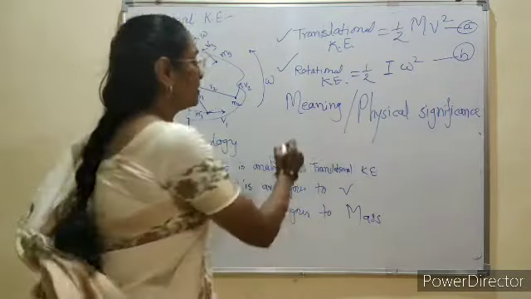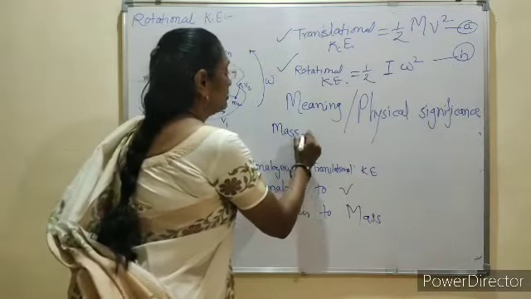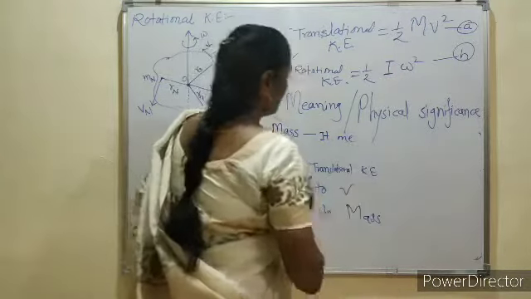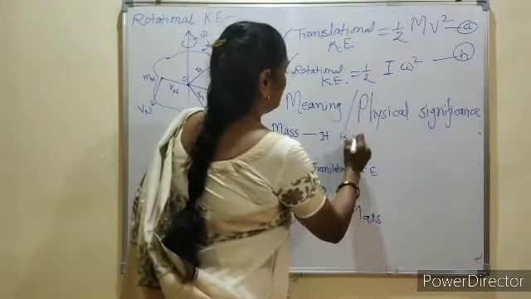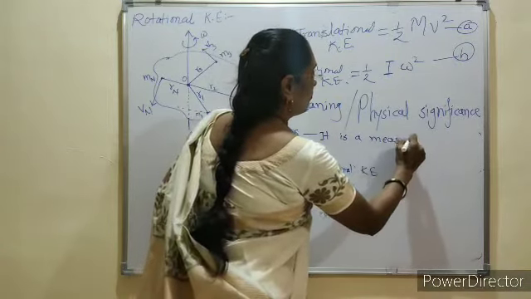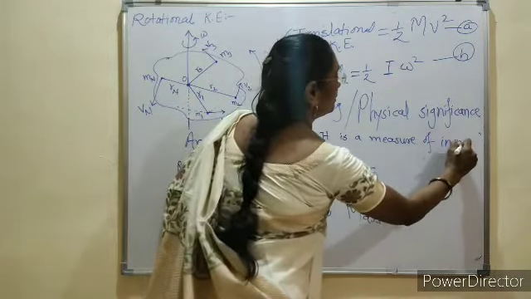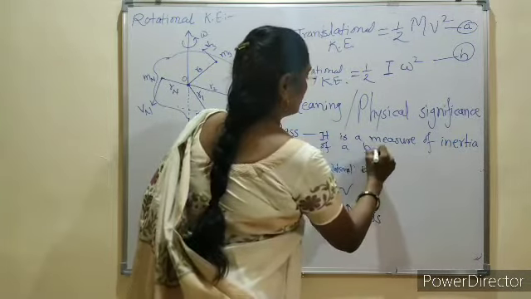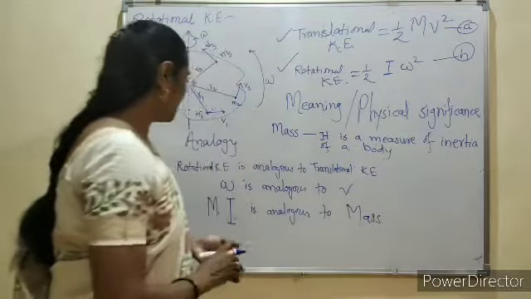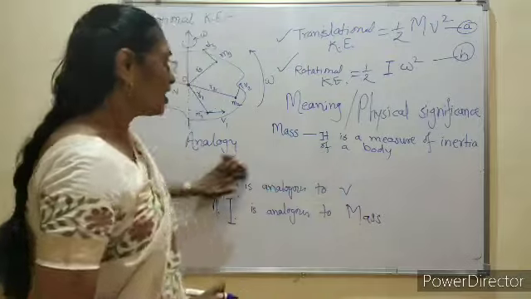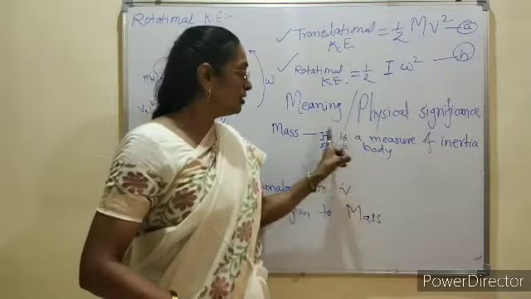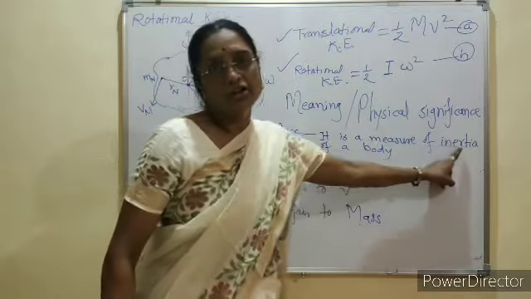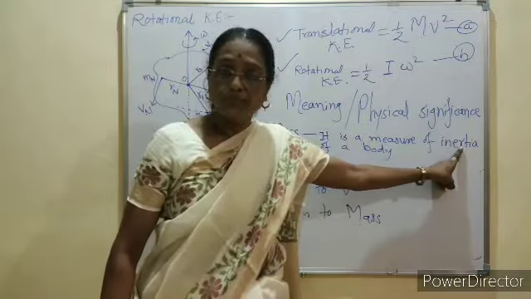Its meaning is that it is a measure of the inertia of a body. So try to understand this statement: mass is a measure of inertia of a body, or its physical significance is that it is related to the inertia of the body.